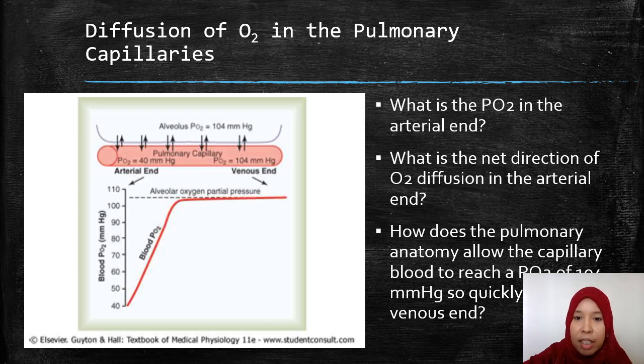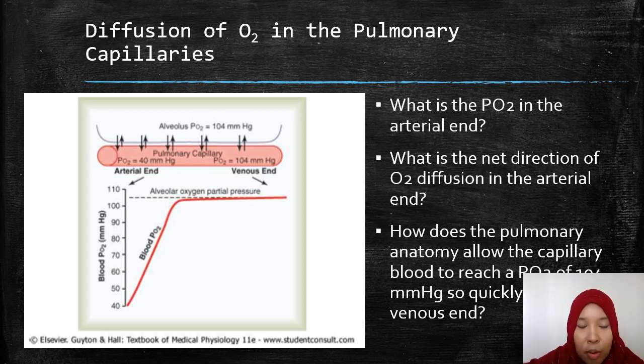I've put the question here: what is the partial pressure of oxygen in the arterial end? The answer is 40, and the partial pressure of oxygen in the venous end is 104.